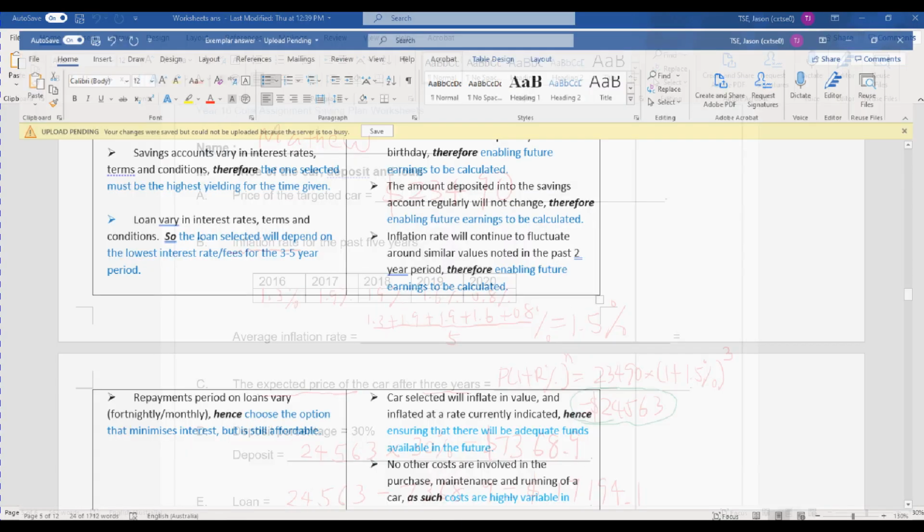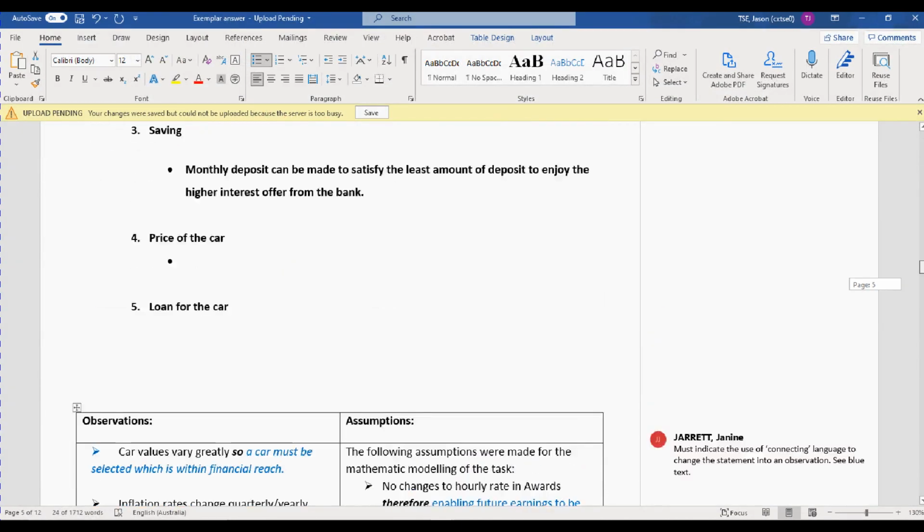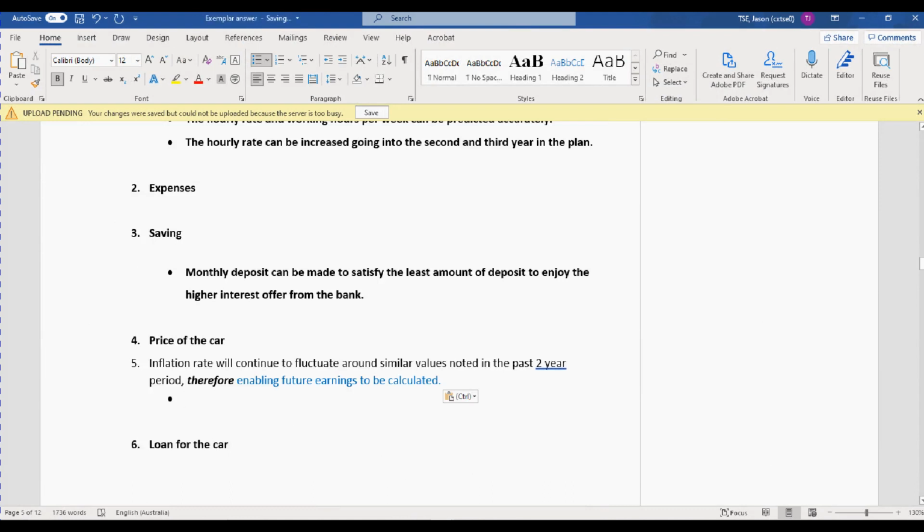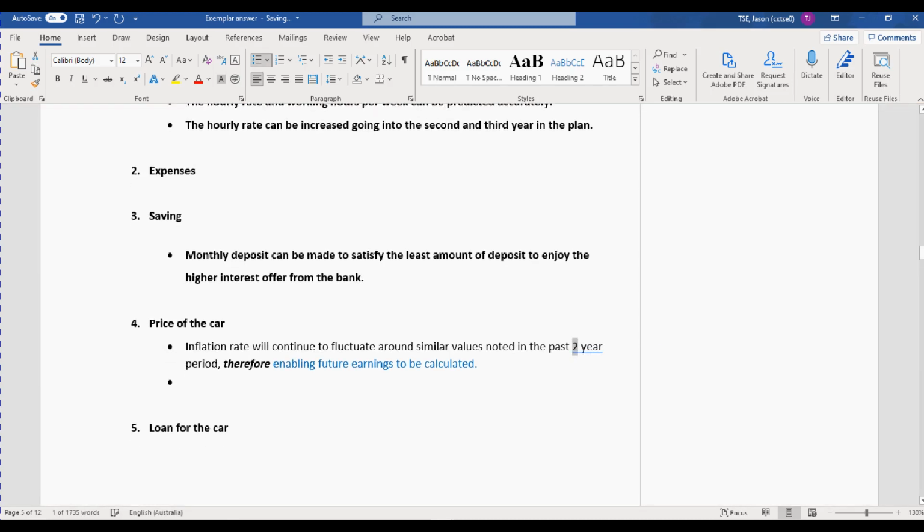All right, but sorry, I skip a little bit. All right, but I need to be careful here, right? So when you use this assumption from the list of recommendation, all right, you need to be careful because we use 5 previous years, okay, not just 2. All right, so you need to change that 2 year into 5-year period.